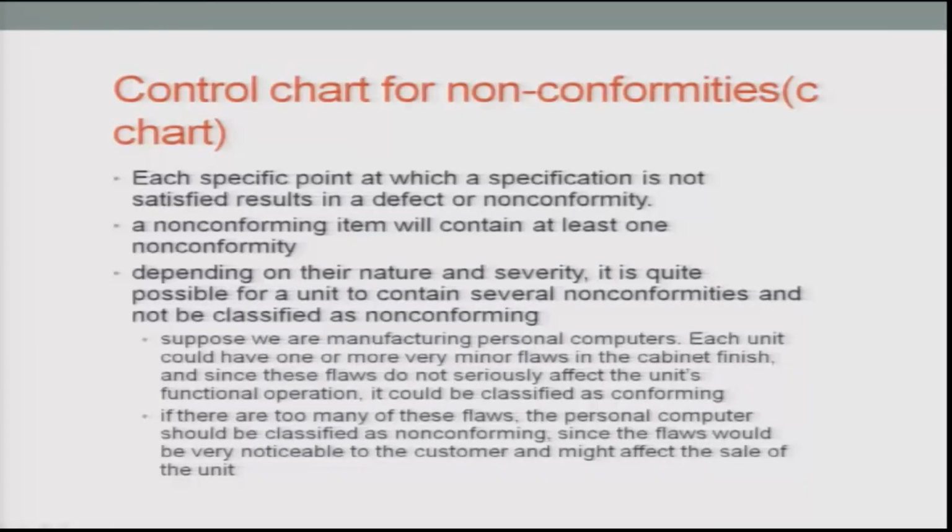Depending on the nature and severity, it is quite possible for a unit to contain several non-conformities. Take the example I gave a few seconds back: length, breadth and color. You are producing high quality tables or chairs with very specific specifications, to be used, say, in a 7-star hotel.